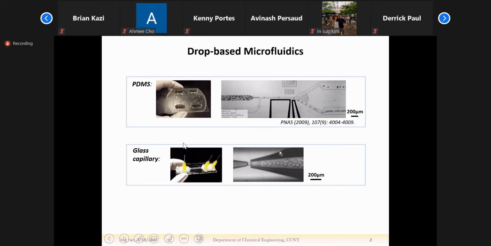Another advantage is that you can integrate different kinds of components onto the PDMS devices. For example, as you see from this picture on the top left, there are four identical channels on this one device, and you see those black parts. Those are electrodes. The right picture on top is the image that you can see under a microscope.